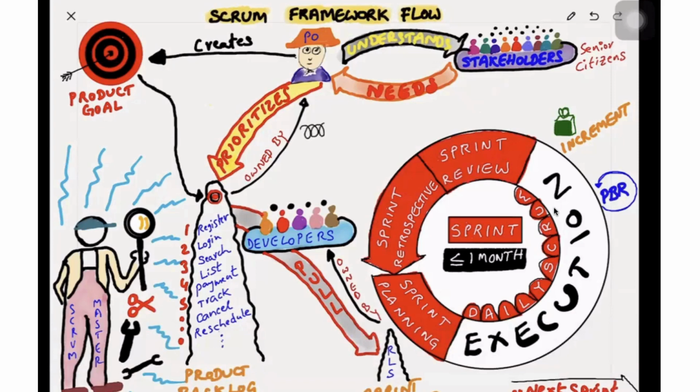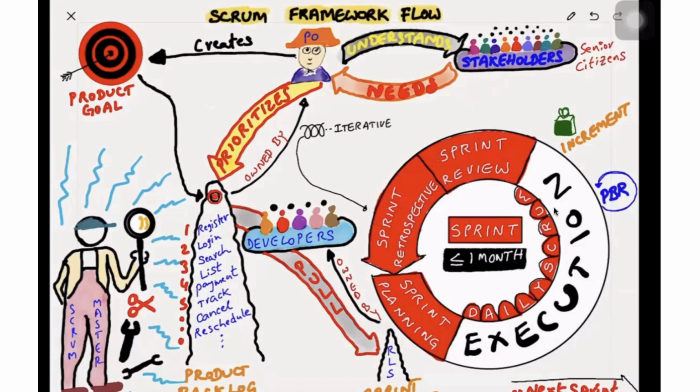Each circle represents a sprint. When you expand each circle, it looks like this. It starts with the planning and everyday daily Scrum, last day review, followed by retrospective, which is called as iterative. Iterative means repetitive.